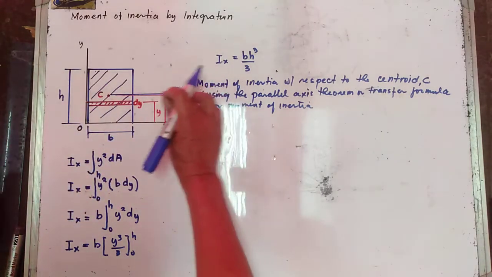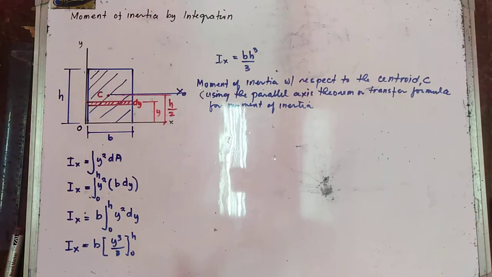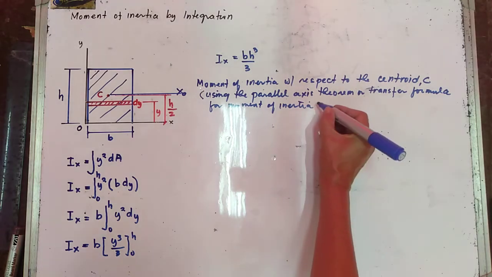So we now have the axis corresponding to the centroid of the rectangular area.